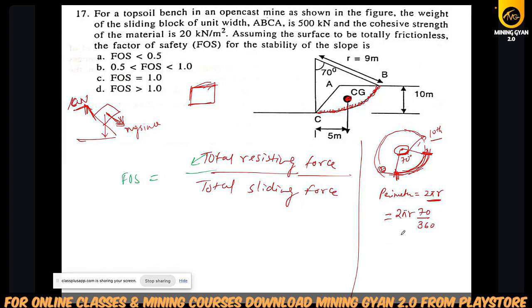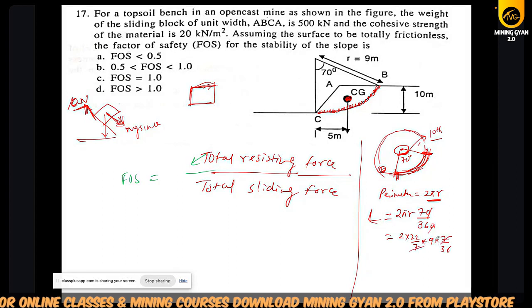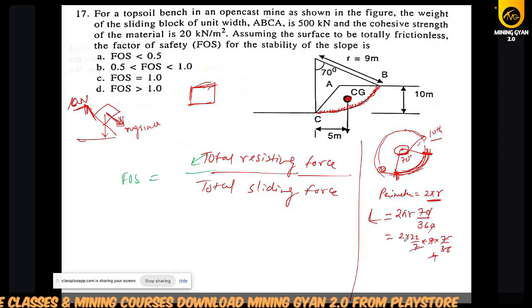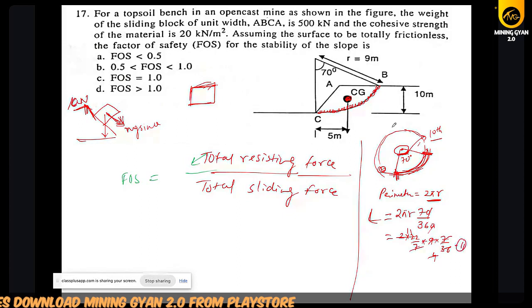I think you got it. So this is the length. When we solve it, it will be 2 into 22/7 into r, they have given 9, into 7 by 36, so it becomes 11 meter, which is your L.